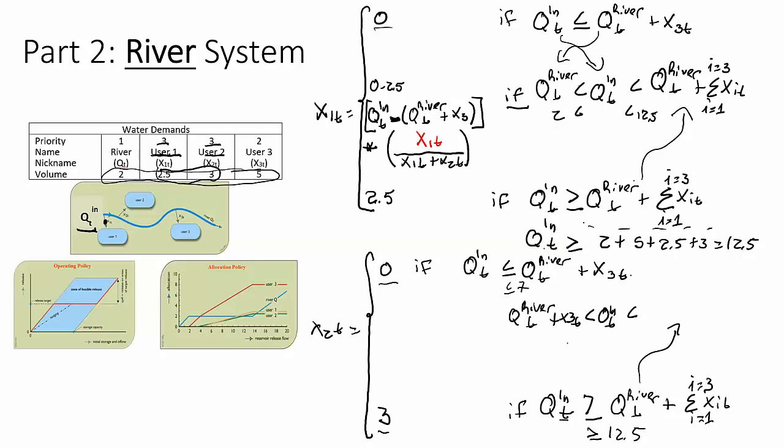I'm doing exactly the same as in the previous slides. I'm trying to show you this because an example like this will come in your exam, and I want to let you know how to solve it. Now, this is the condition that it will receive something between 0 and 3 units of water.